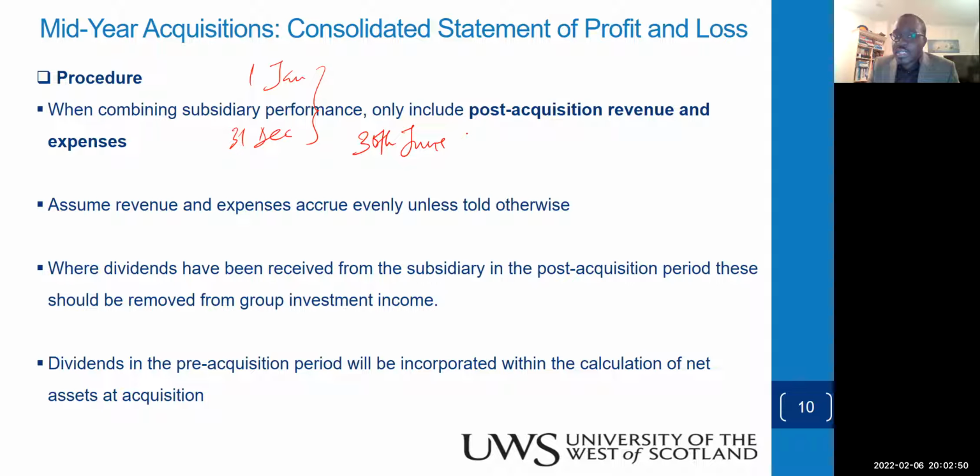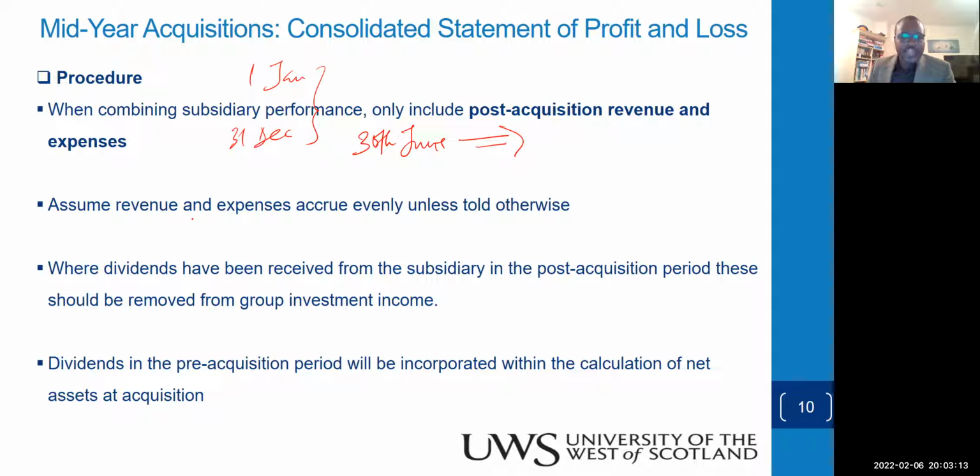I must only consider the post-acquisition revenue and expenses after the date of acquisition, because we didn't acquire it from the beginning. Once we have that in mind, we should always assume revenue and expenses will accrue evenly, unless clearly stated in the question.